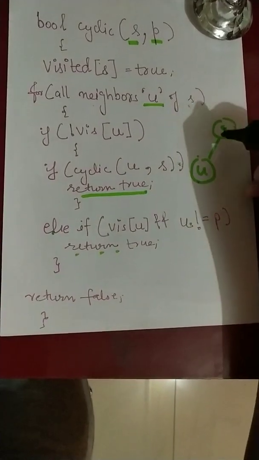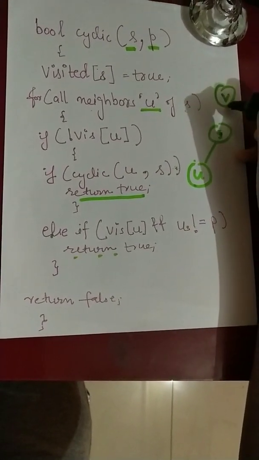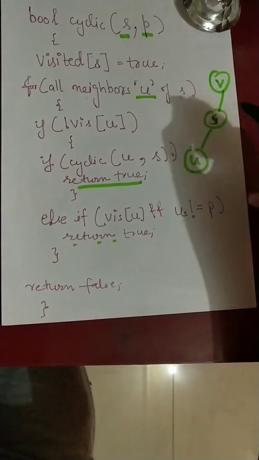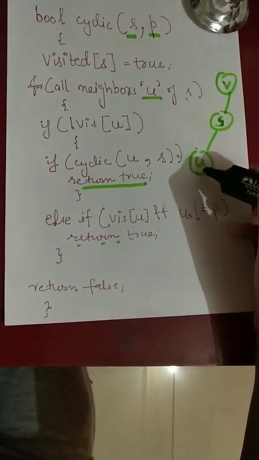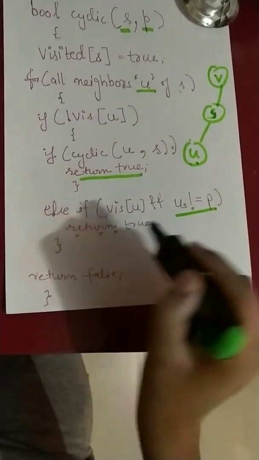So I had reached S from some other vertex, say vertex V. So V was the parent for S, and from S I am reaching a node U which is already visited and is not the parent for S. Then we have to return true.